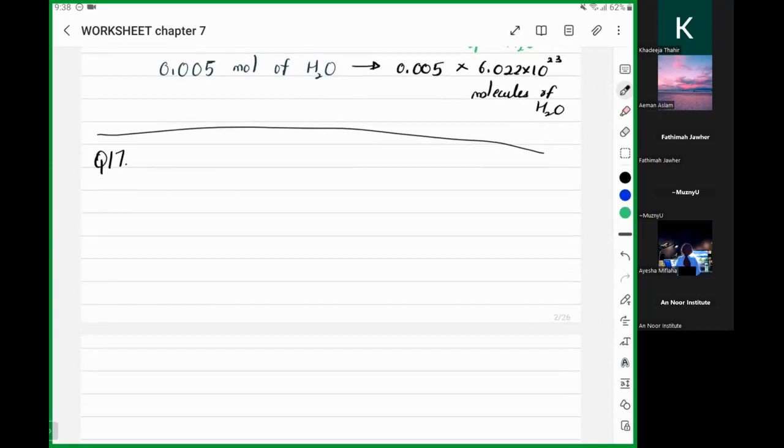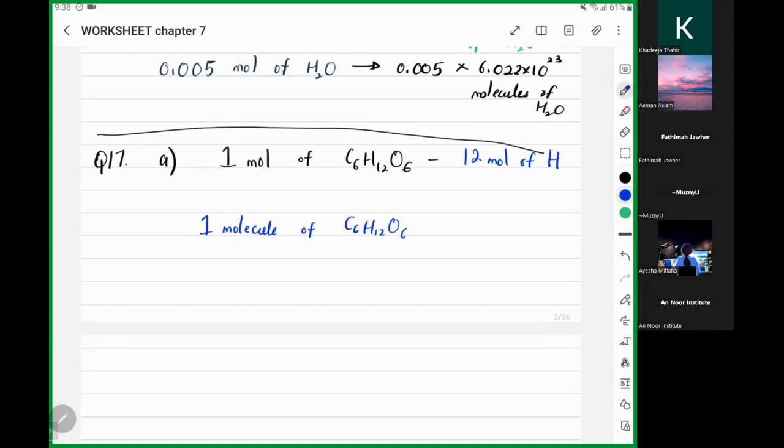Okay, I'll do it. So the A option says 1 mole of C6H12O6. So 1 mole of C6H12O6 is in fact having 12 mole of hydrogen. Don't you agree? Because, hear me out, 1 molecule of C6H12O6, that is glucose, has 12 atoms of hydrogen.